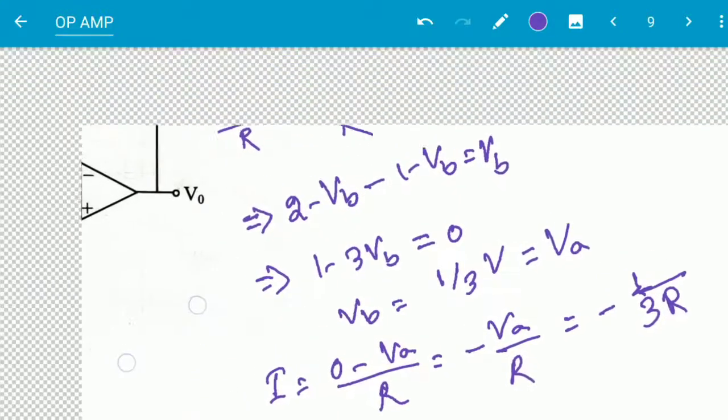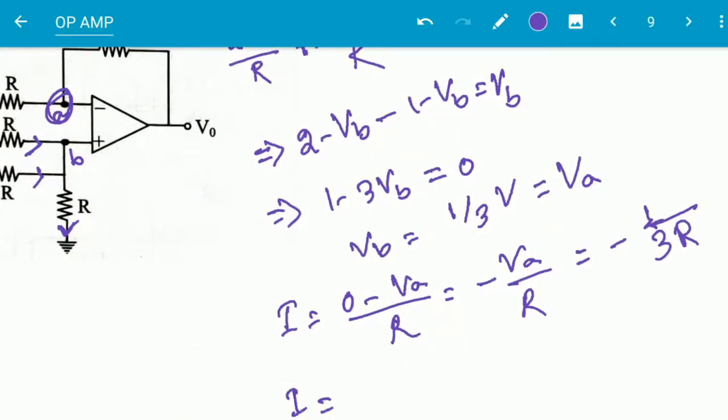That means VA minus V output by 2R will be equal to minus 1 by 3R.